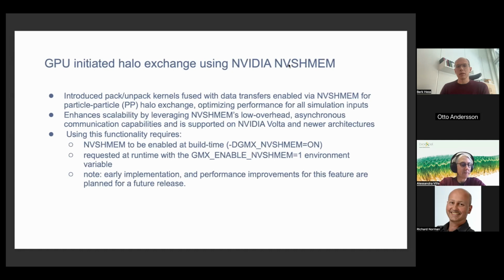But the big gain here is that you initiate the communication from a GPU kernel instead of having to initiate an MPI call, which often also happens on the CPU. But this can now be kernel level operations. So this in principle can provide a lot of performance gain by having very low overhead plus asynchronous communication.